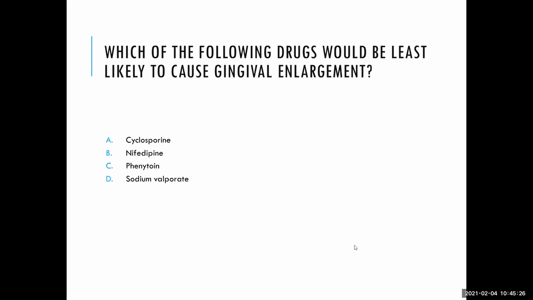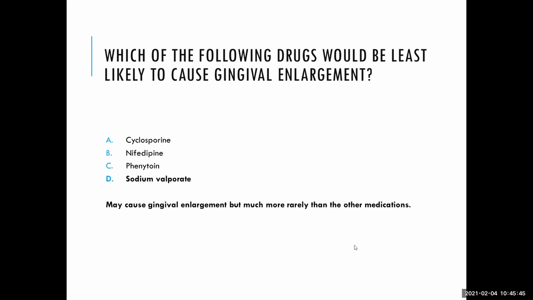Which of the following drugs would be least likely to cause gingival enlargement? D. We haven't even talked about that one, have we? No. So the other three, yeah, that was a good rule out.